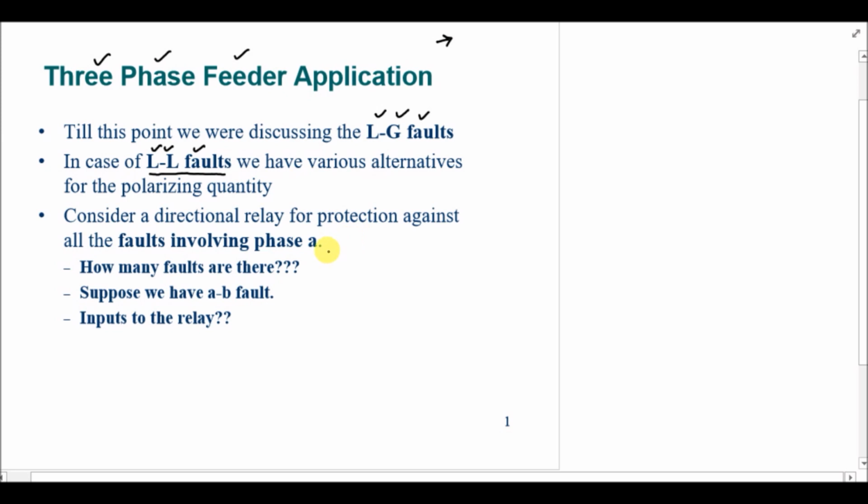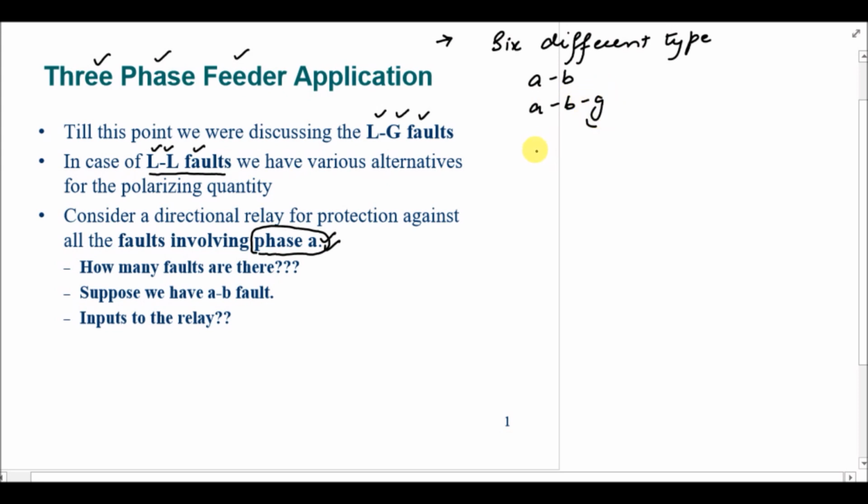to talk about the phase faults. Like in this case, if we have a phase fault which is involving phase A, we have 6 different types of faults that are related to the phase A, which is AB fault, ABG fault, so this is double line to ground fault.